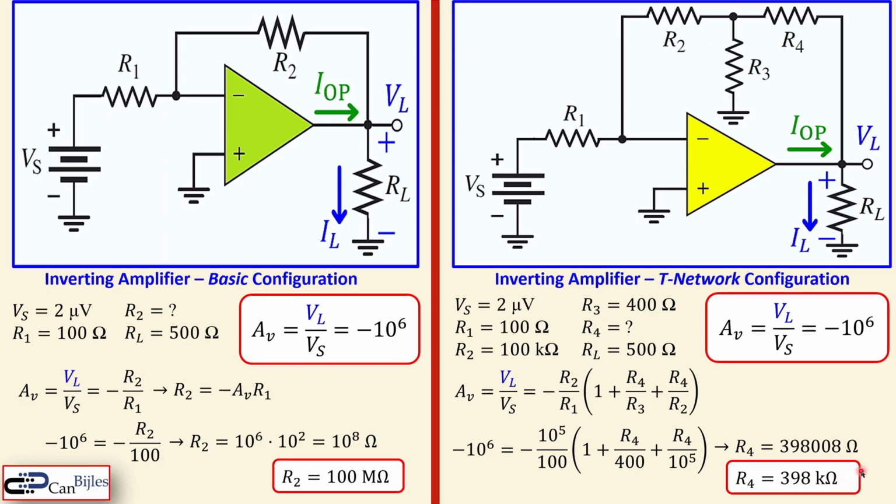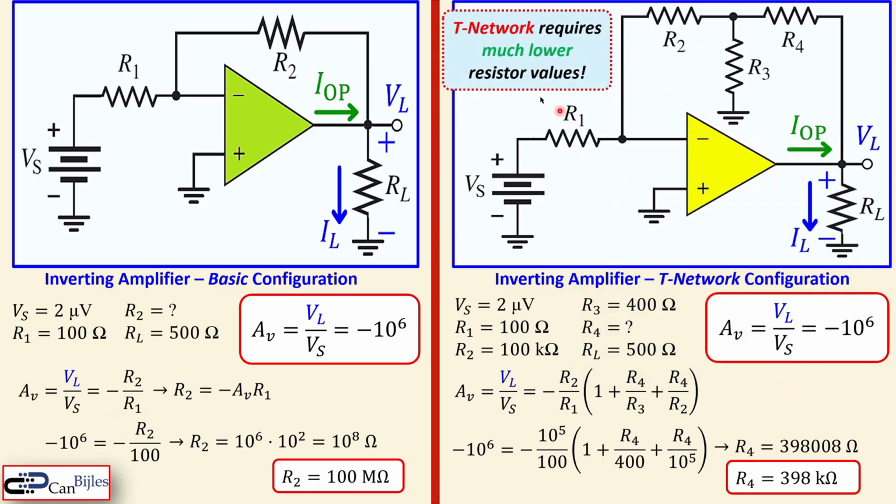So almost 400 kilo ohms, or 0.4 mega ohms. So it's much smaller than the resistor we need for the basic configuration. In the T network we have a much smaller value. So in total, the T network requires much lower resistor values. This is also, in terms of noise performance, a much better circuit than this basic configuration.